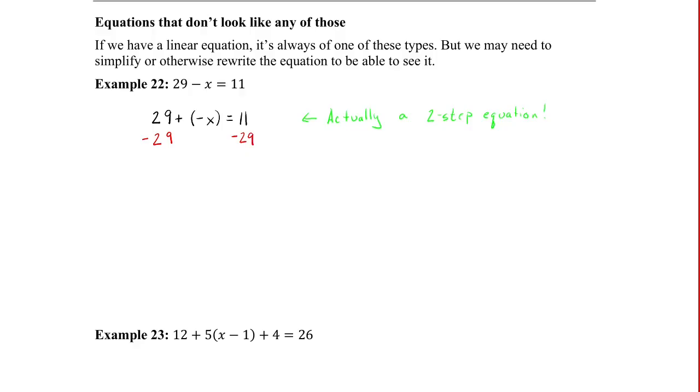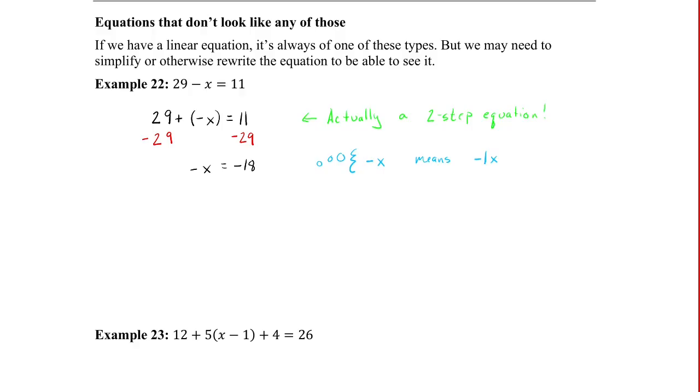And that subtraction really is a job for a calculator. We'll get -x is -18. And then we need to get rid of the negative sign on the x. There are a number of ways you can think of this step, but I think the easiest way to think of it is -x means -1 times x.